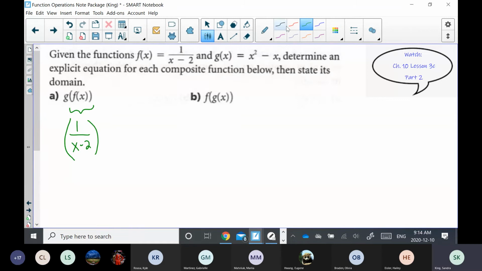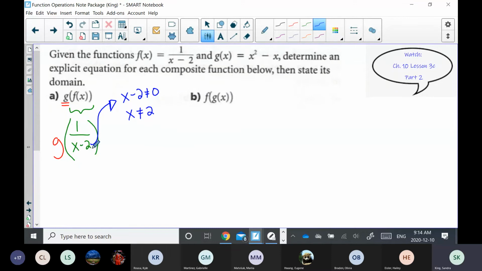That is my inner function, and that is going to be input into g. Now, step 1 on that previous slide said we always find the domain of the input function. So for the domain of this function, we could never divide a number by 0. X could not be equal to 2.